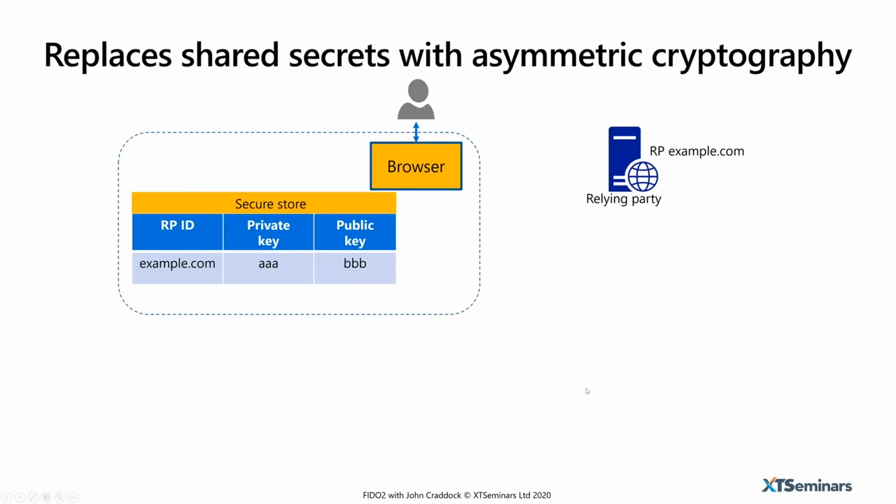We go through a registration process, and during that registration process, what we'll do is we'll register our public key with the relying party. And the relying party will sort of hold that public key against a user identifier. And that user identifier can be unique for every single relying party. The public key is always unique. The user identifier can be as well.